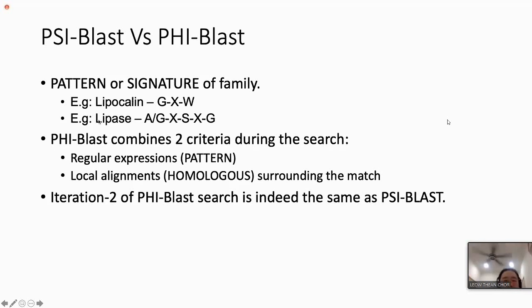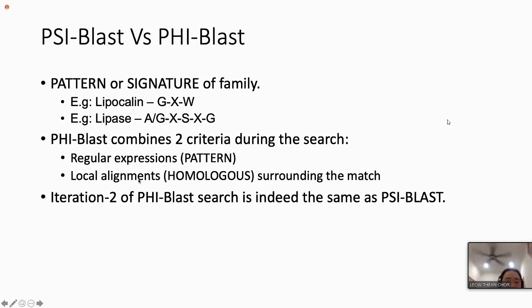And then PHI-BLAST combines two criteria during the search. The reported hit must have a regular expression, meaning that it matches these patterns, and local alignments. Local alignment, if they can align properly, means that they are homologous. Local alignments surrounding the patterns.